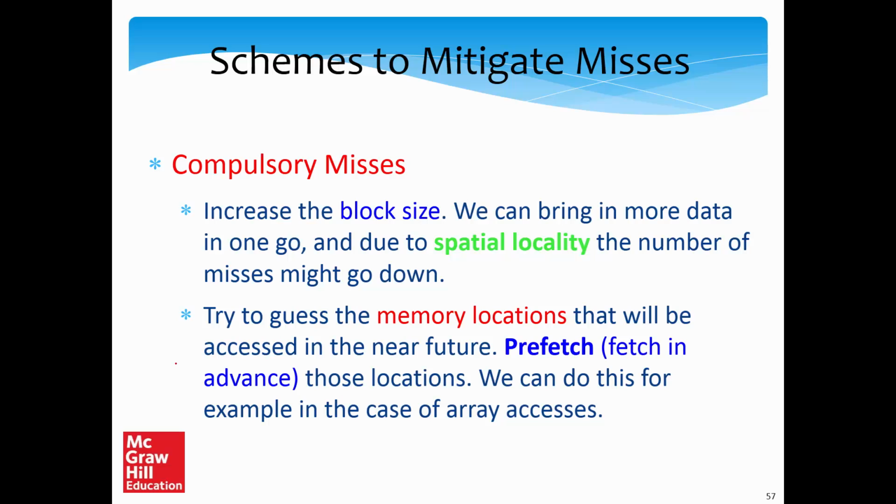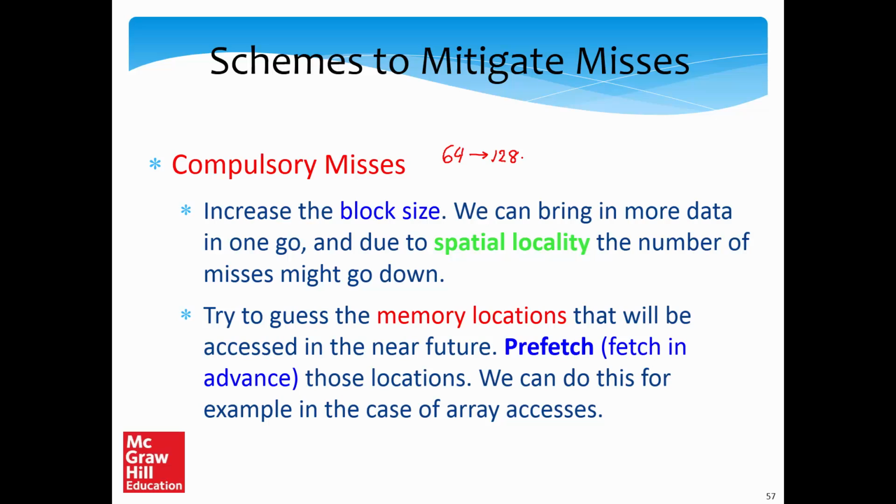So let us look at schemes to mitigate misses, or to reduce the number of misses. Compulsory misses: what is the idea? One way of reducing them is to increase the block size. Let's say instead of a 64 byte block size, I make it a 128 byte block size.